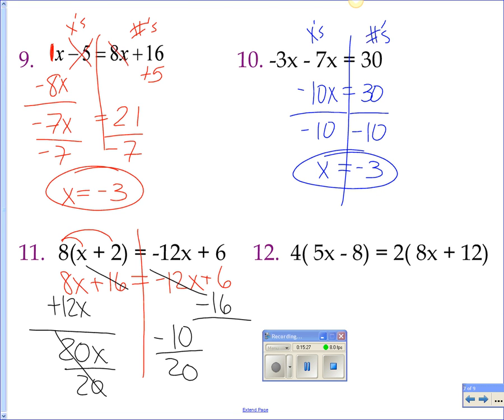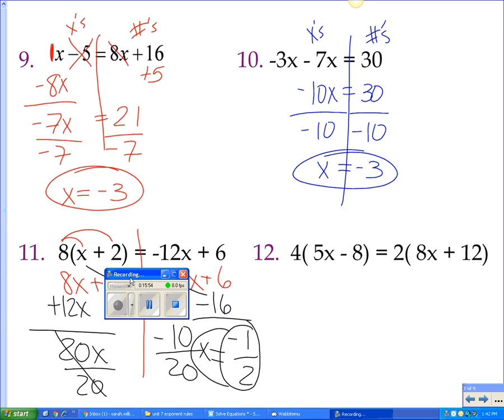Let's think about this another way. I could reduce this. What number goes into both of these? The biggest number. 10. How many times does 10 go into negative 10? Negative 1. How many times does 10 go into 20? So negative 1/2, or you could put negative 0.5. Okay? So you can have fractions.